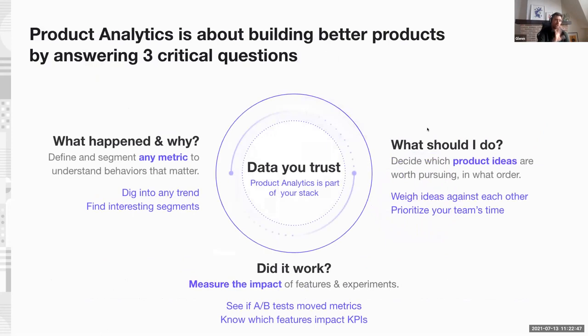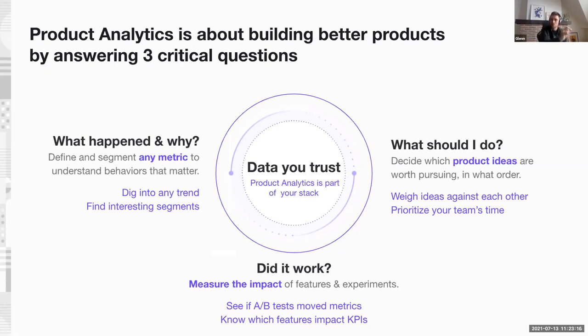I'm not going to spend too much time on it, but these are the three major questions that product analytics as a whole is able to help you answer. What has happened inside my product and why is it happening? What should I do in terms of next step is important, because it also means there's a bridge with CRO teams, so conversion rate optimization, A/B testing teams, but also with product development teams, because all of these tests are actually hypotheses that are being validated.